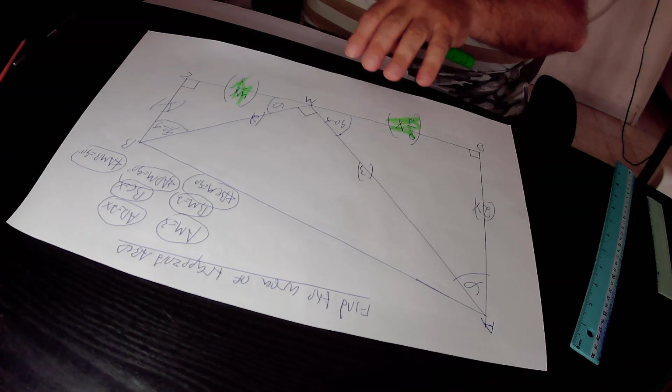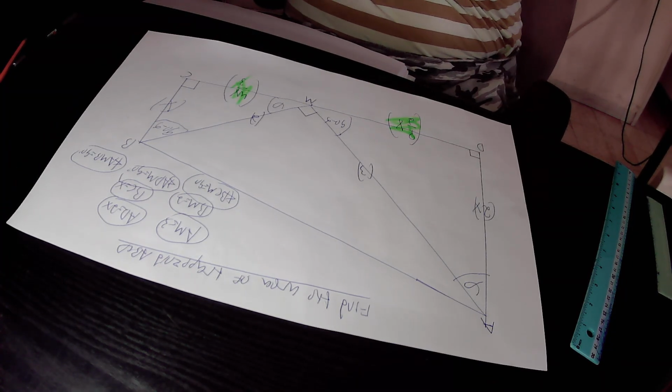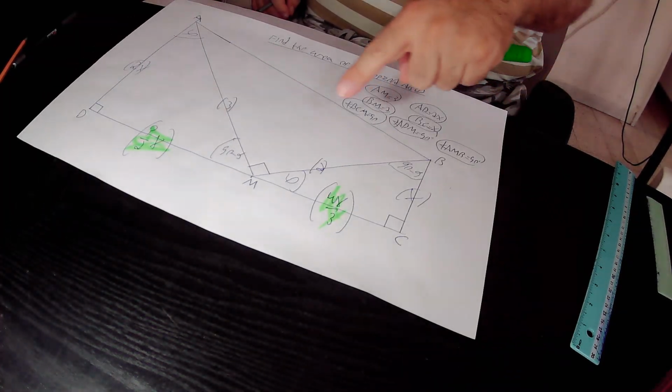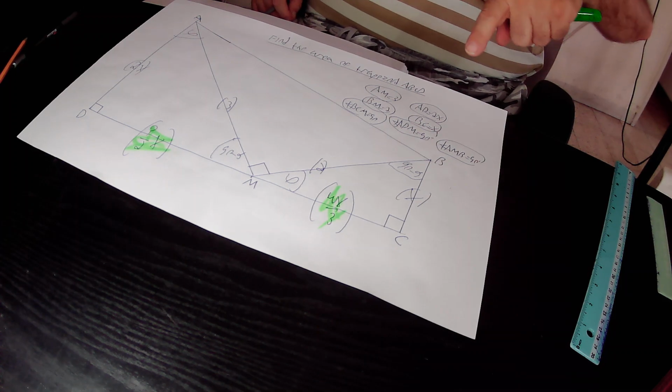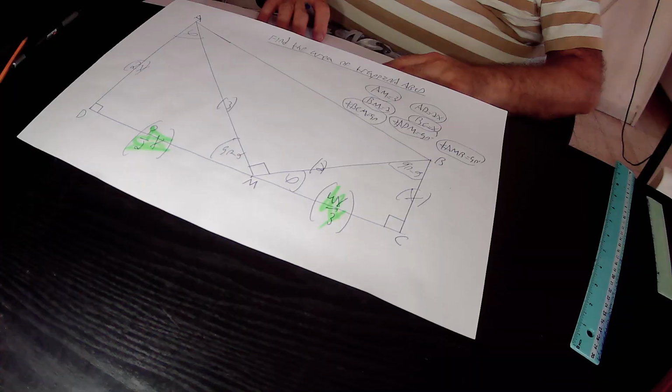So in the next step, I'll copy this small triangle BMC onto the page, and we'll implement the Pythagoras theorem on this small triangle BMC.